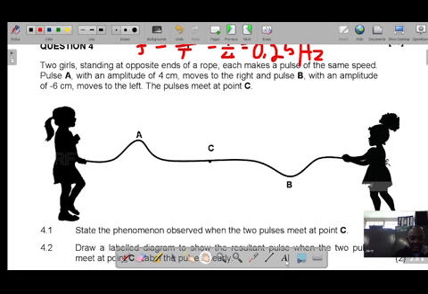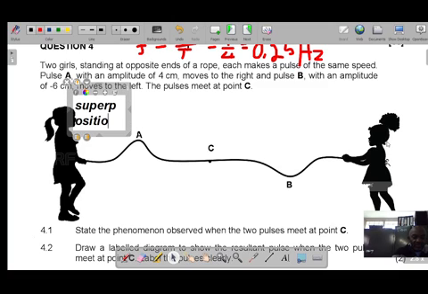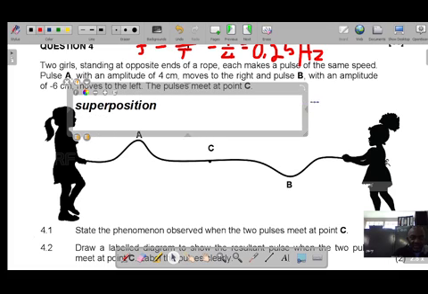Okay, no stress. Let us do that. The phenomenon is superposition. How do we state it?